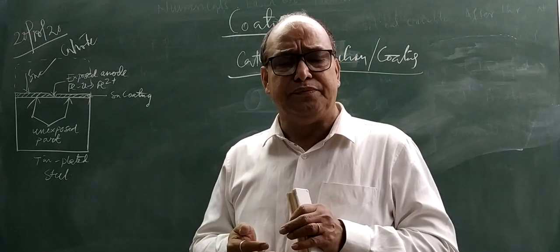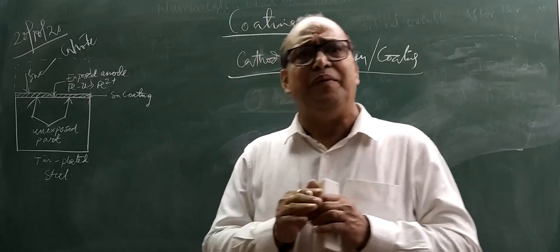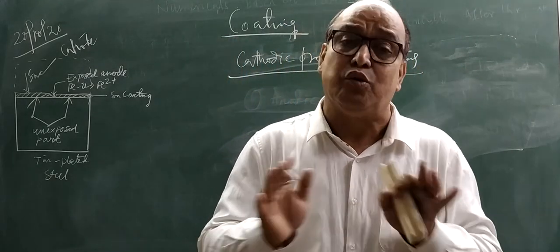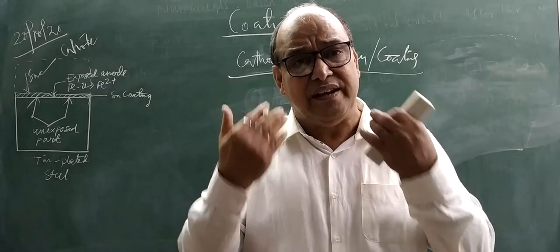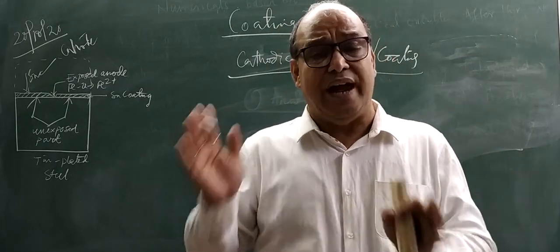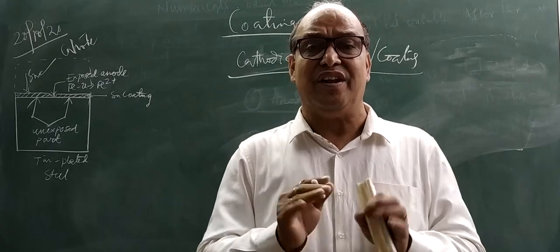This type of protection is very safe so long as the entire metallic structure remains protected by the coating. Once there is any crack or rupture on the metallic surface, this kind of coating is very, very dangerous.